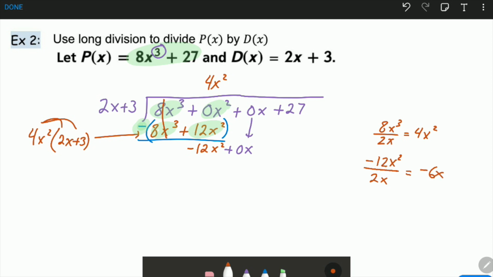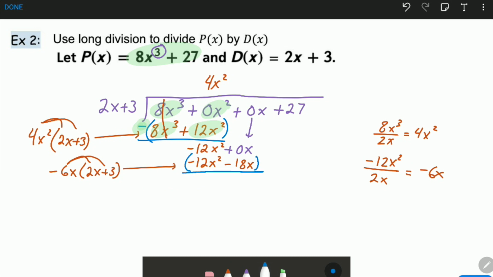Now just repeating the same process, we'll take the negative 6x and multiply it by our divisor, 2x plus 3, to figure out what we need to subtract. Negative 6x times 2x is negative 12x squared. And then negative 6x times 3 is negative 18x.